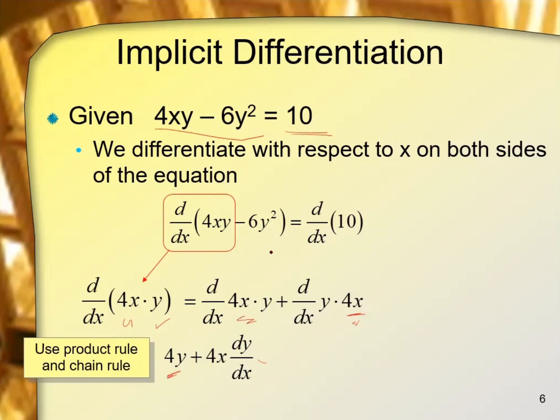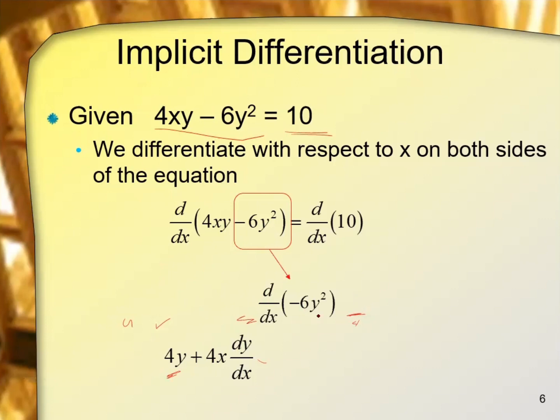Then you also get the derivative of negative 6 times y squared. So you have here your u and your v. So negative 6 times the derivative of y squared with respect to x plus y squared times the derivative of negative 6 with respect to x.